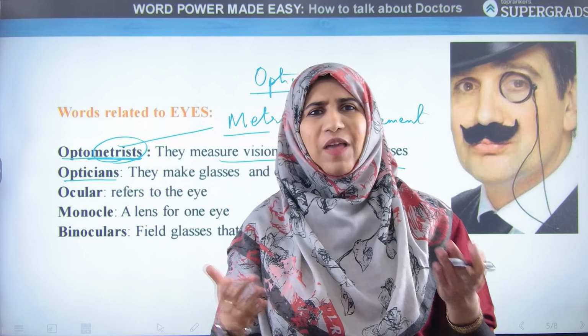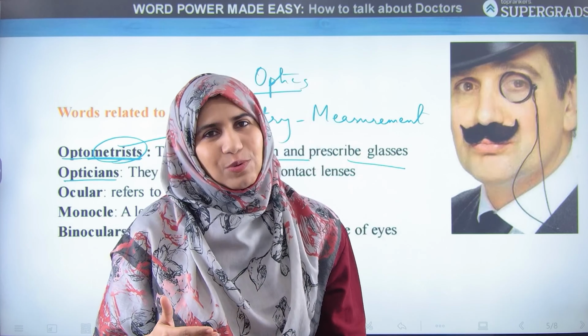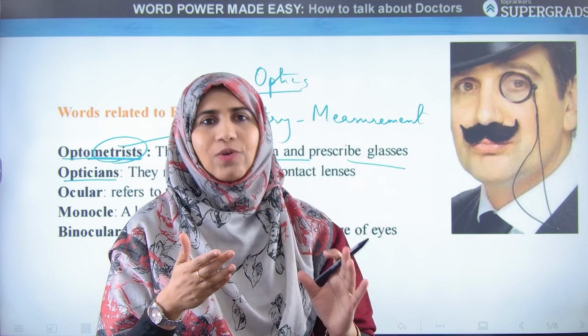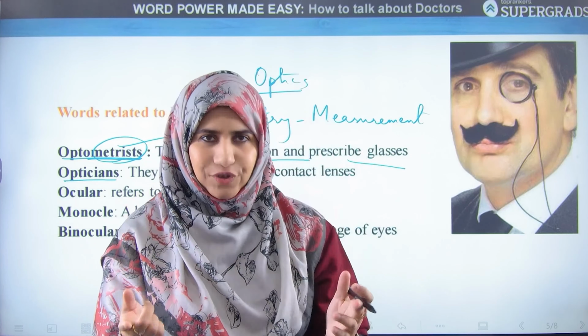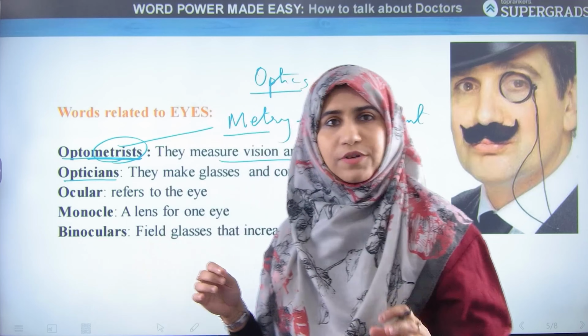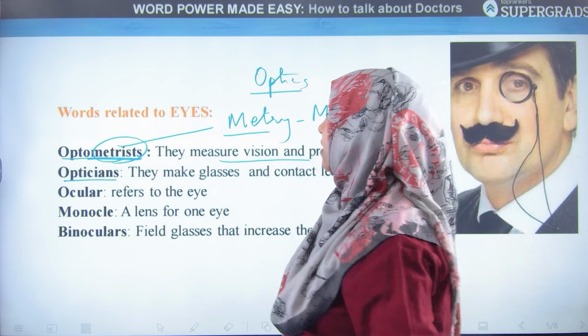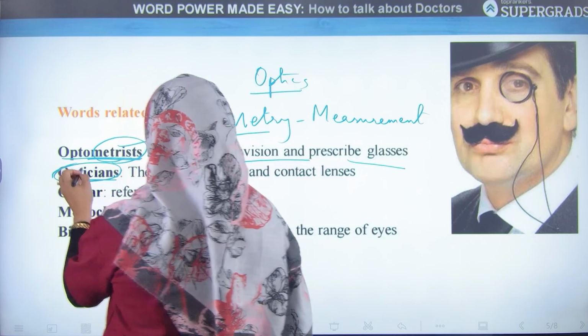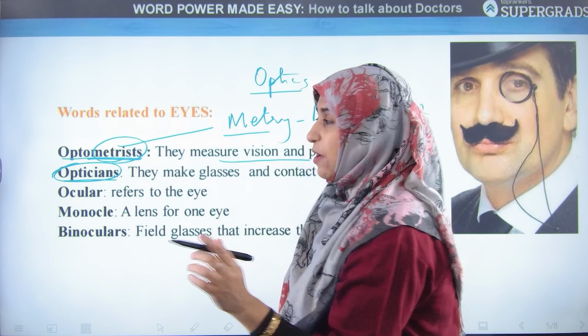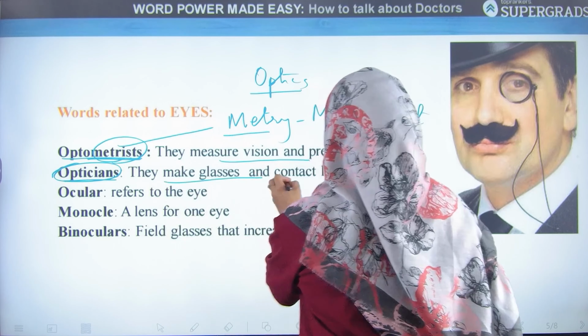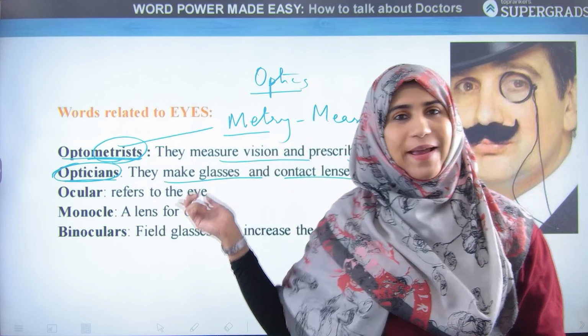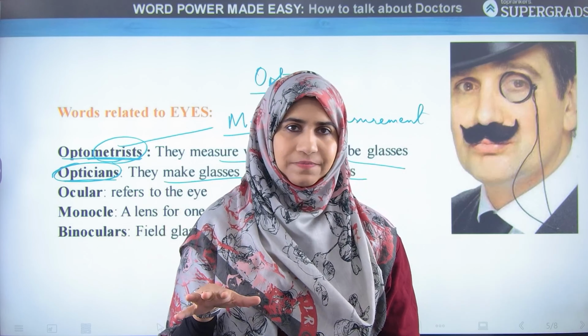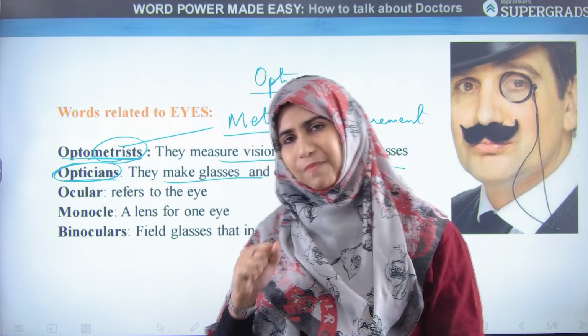Very often, ophthalmologists themselves step into the shoes of optometrists, and they check your vision and tell you what kind of glasses you need, what should be the number, and so on and so forth, right? Coming to opticians, these are the people who make glasses and contact lenses. They don't measure, they make glasses. Do you understand? That's important.